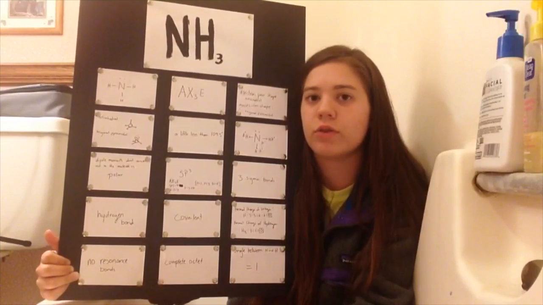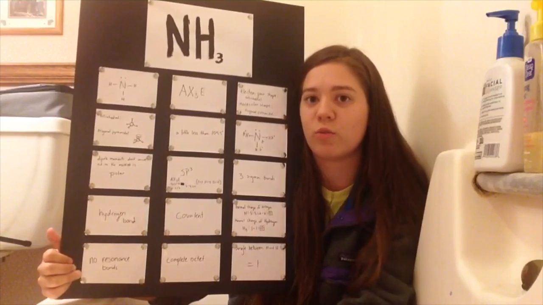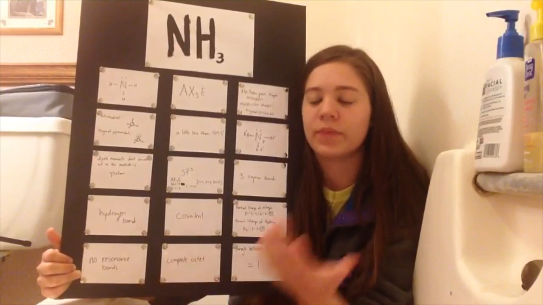First, when you start off, you add the number of valence electrons in NH3, so that would be 8 because N has 5 valence electrons and H has 1, and 1 times 3 is 3. 3 plus 5 is 8, so there's 8.